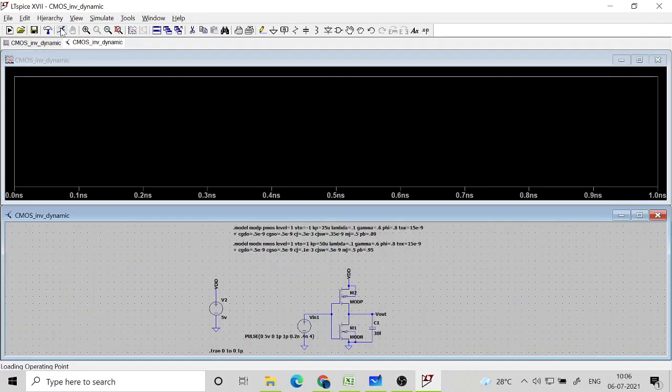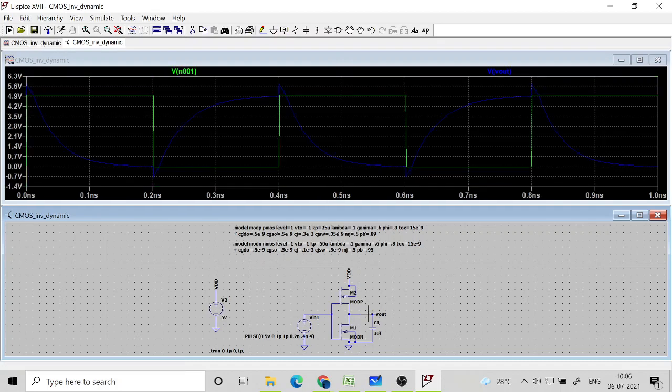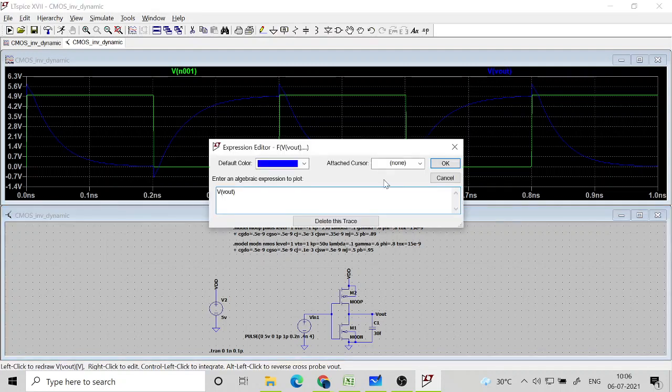Let's see what happens now. You see it is improved. In the presence of load there is improvement. From 58 it has now decreased, because of the load capacitor, the effect of parasitic capacitance is suppressed.